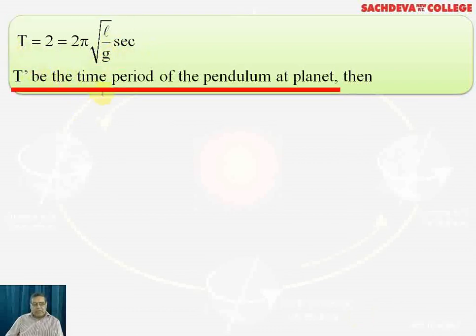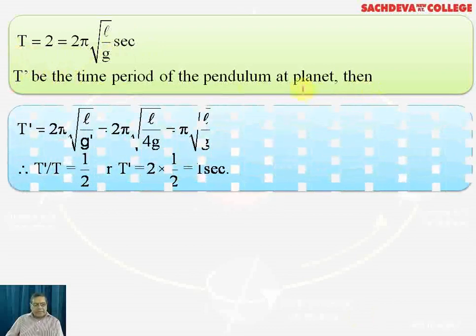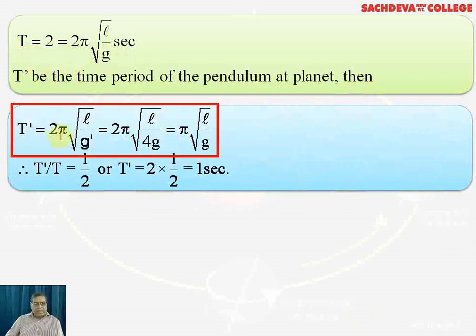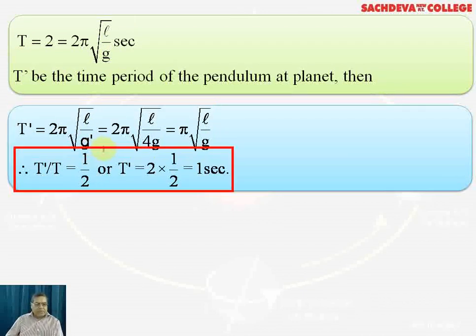T is the time period of the pendulum at the planet. Then T dash is 2 pi under root L over g dash, and for g dash we will compute the value, and that will become T dash over T. Now we estimate the value of T dash, and that will be 2 multiplied by 1 over 2, that is 1 second.